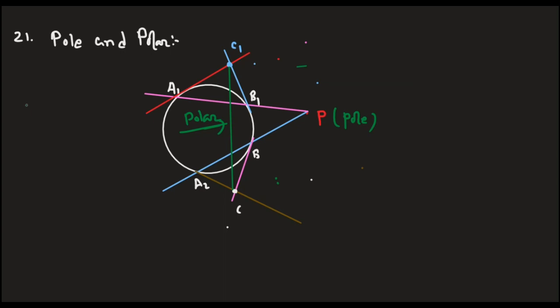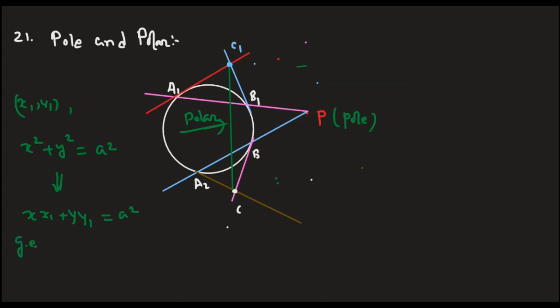So for example, if I take the point (x1, y1), and my equation of the circle is x² + y² = a², then the equation of the polar will be x·x1 + y·y1 = a².